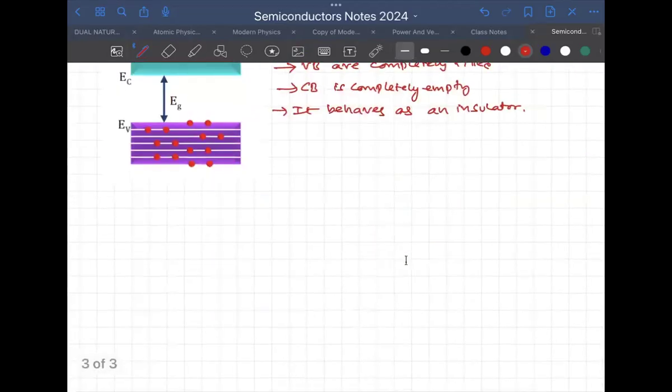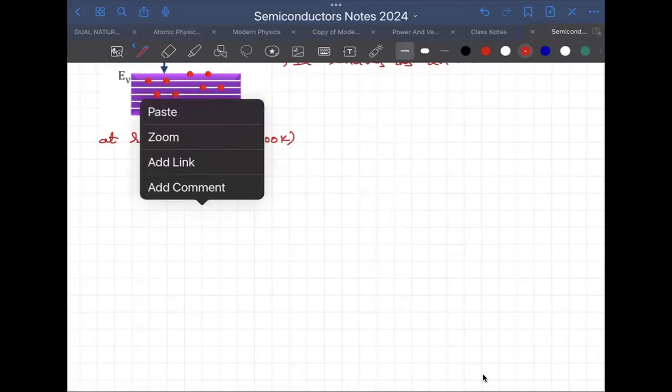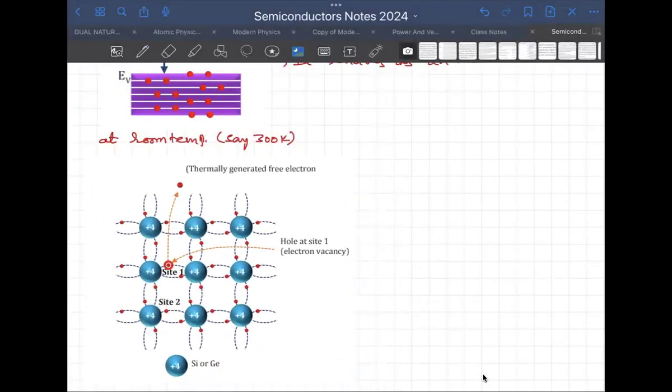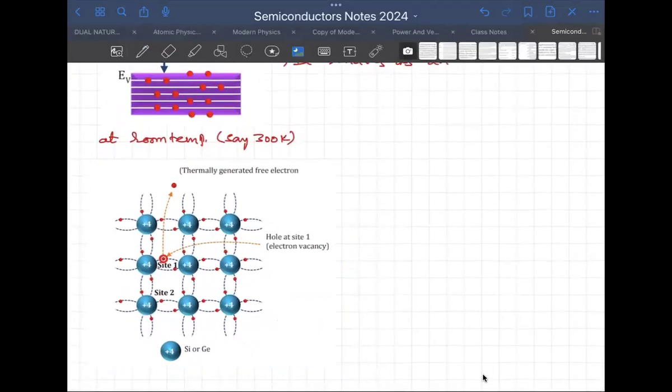Now, what is happening at room temperature? I will describe it with a diagram. So, at room temperature, say 300 Kelvin, temperature provides sufficient energy for an electron in the covalent bond.